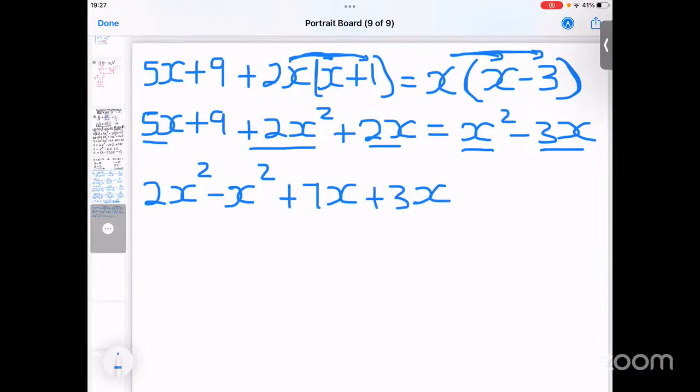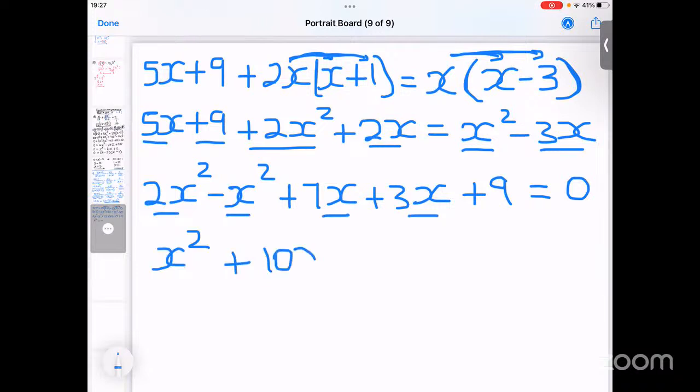What else do you have? Oh yes, you still have a plus 9 there. Obviously, on this side, you remain with a 0 because you took everything to the other side. So you end up having that minus that, which is just x squared. What about that and that? It gives you 10x, and then you still have your plus 9 there, which equals 0.